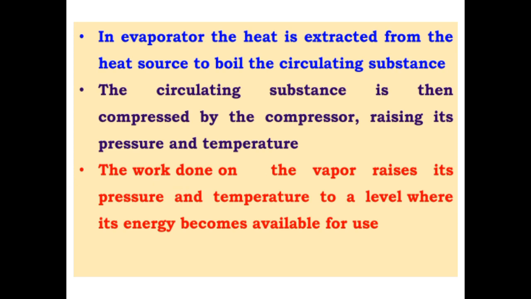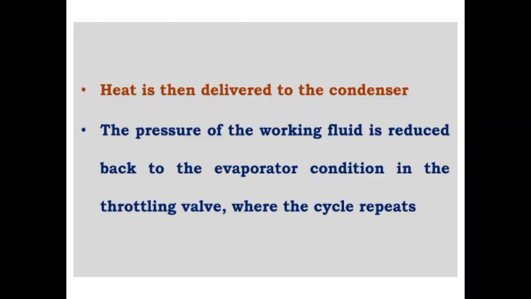The previous diagram is explained step by step in this slide. In the evaporator, the heat is extracted from the heat source to boil the circulating substance. The circulating substance is then compressed by the compressor, raising the pressure and temperature. In the compressor, we are raising both pressure and temperature. The work done on the vapor raises its pressure and temperature level so that the energy becomes available for its usage.